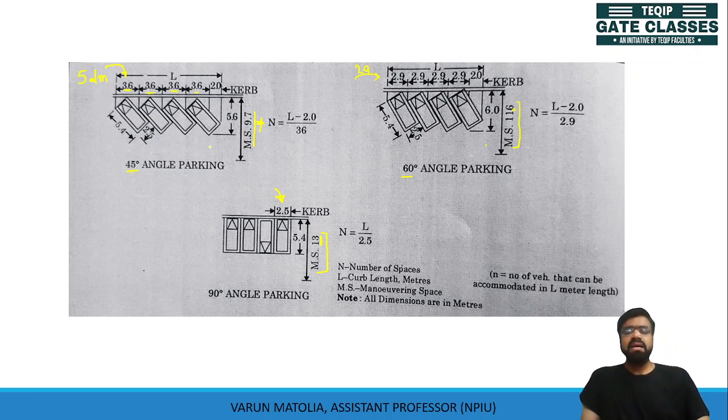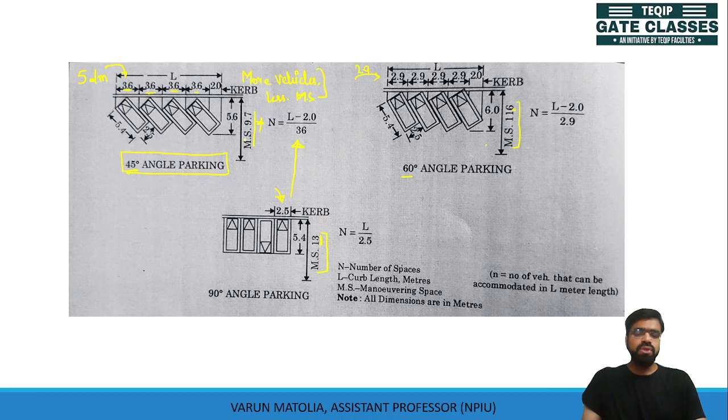This 45-degree angle parking is considered to be the best parking arrangement, because if we compare with parallel parking, it has more number of vehicles. If we compare with perpendicular parking, it needs less maneuvering space. So it is the optimum parking arrangement we can use for parking on the roadside.